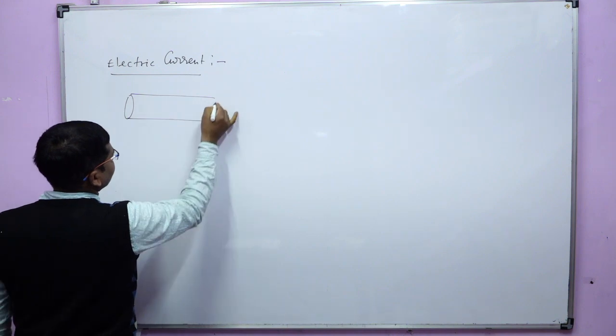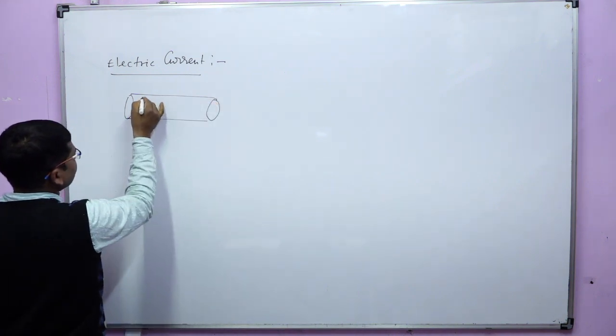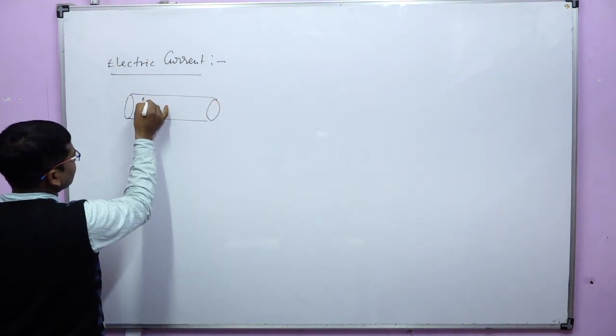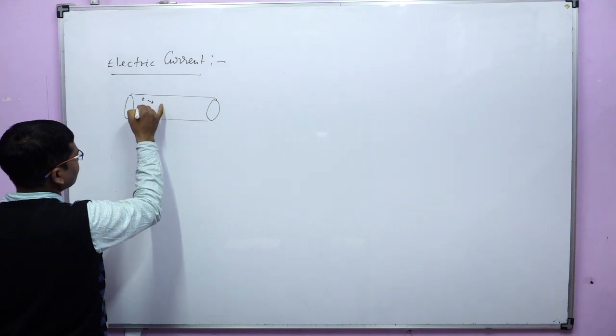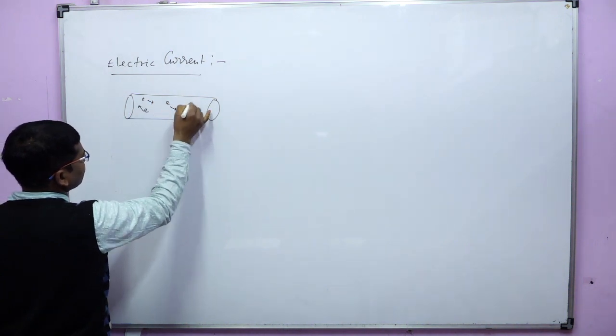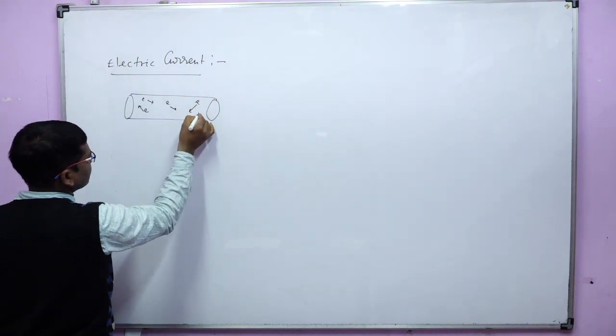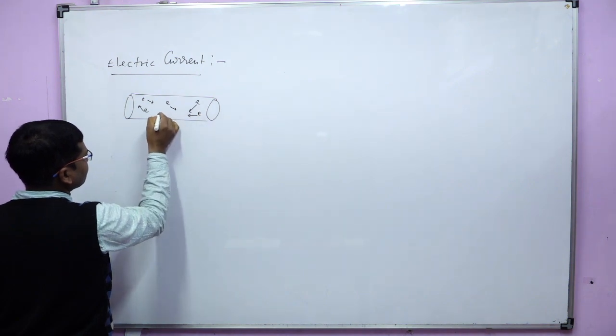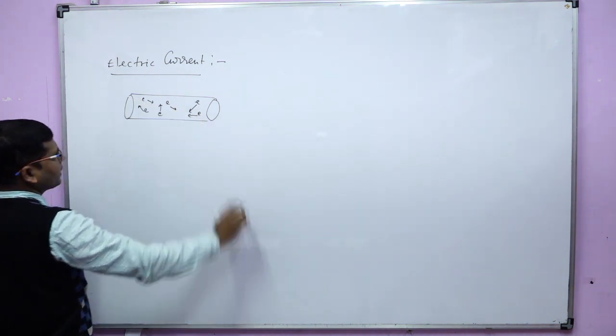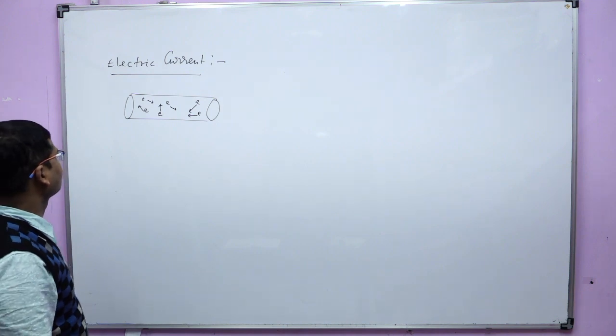Take a conductor, and when it is not connected, the free electrons are in random motion, which means they are not in a fixed direction.